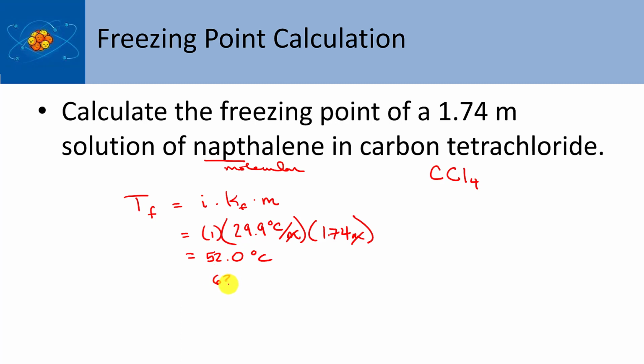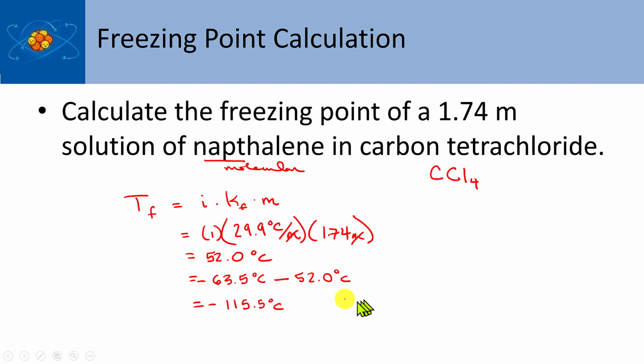So it's minus 63.5 degrees Celsius minus 52.0 degrees Celsius, which is minus 115.5 degrees Celsius.